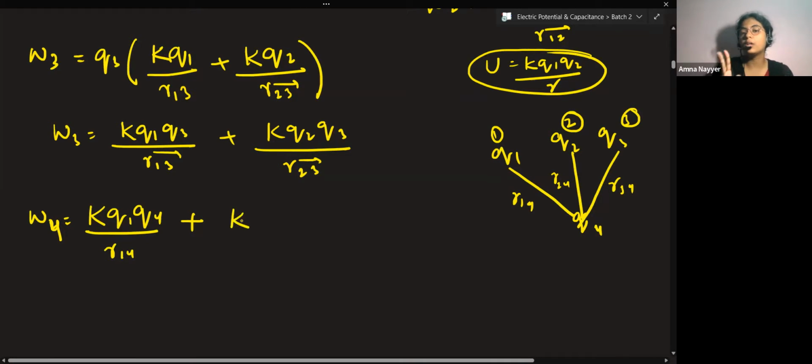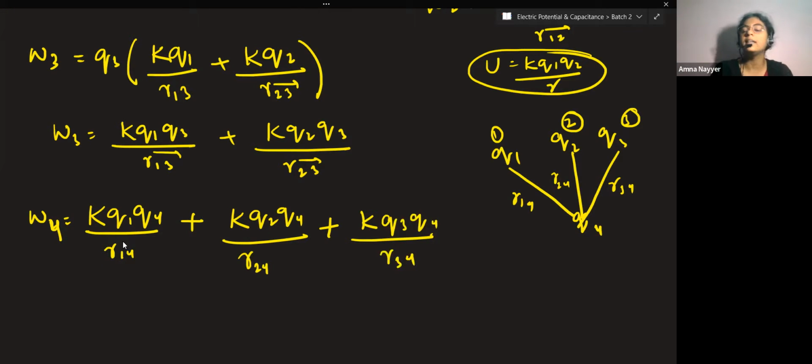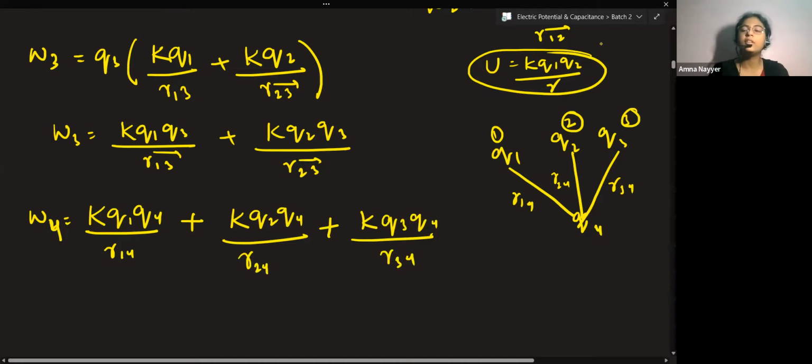Take the product of both the charges, Q2, Q4, divided by the separation. Separation is what? R24. Plus, K will be the constant. Product of both the charges, that is Q3, Q4, divided by the separation, R34. So is this clear how to write it? Even if I give you Q5, will you be able to write it now?